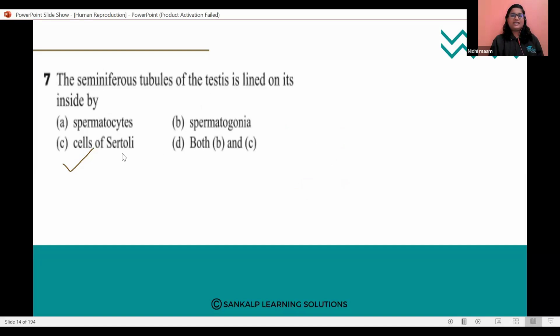Fine. The seminiferous tubules of the testis are lined on the inside by, okay, read the question properly. When you consider seminiferous tubules, they are lined inside by A, spermatocytes, B, spermatogonia, C, cells of Sertoli, D, both B and C. Yes, exactly, YouTube students, your answer is right.